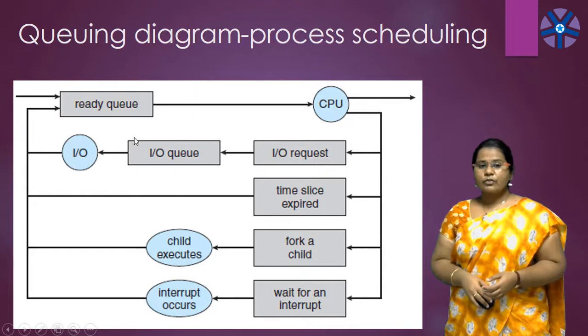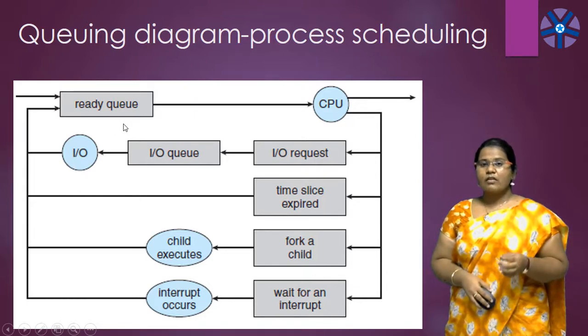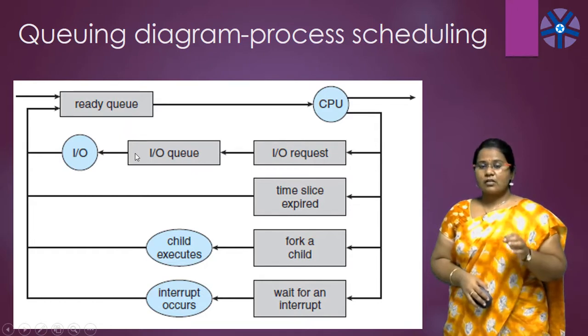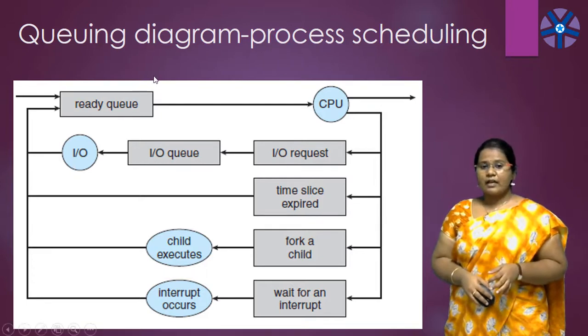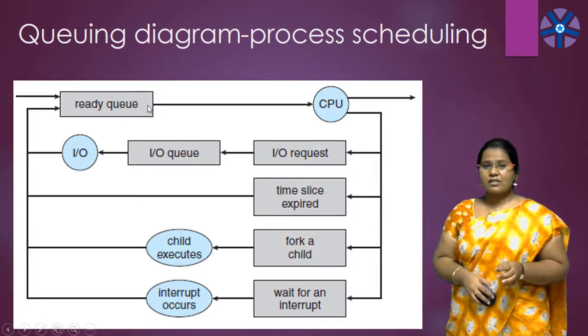Here you can see the ready queue, in which the processes with all the required resources are placed. Once a process is ready with all the requirements, it is moved to the CPU for execution.